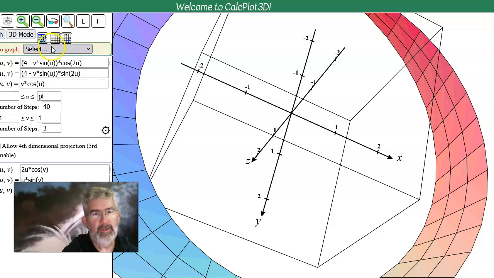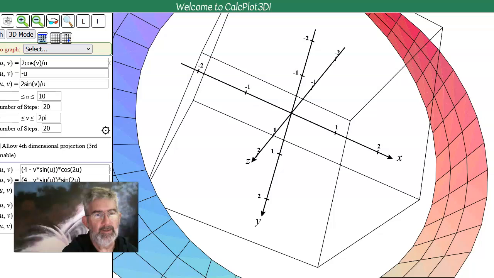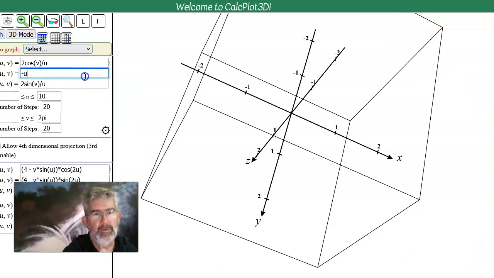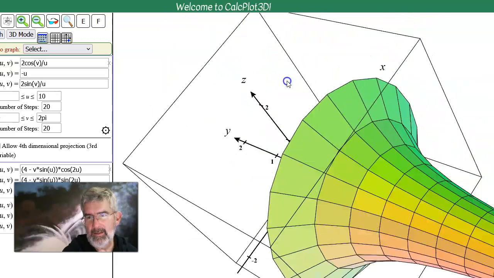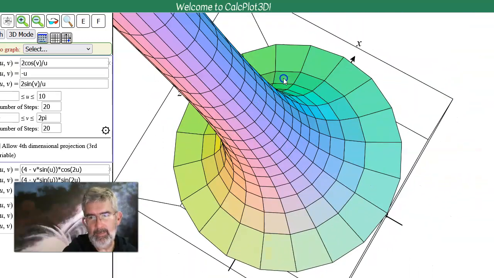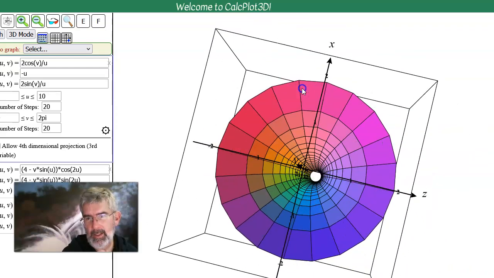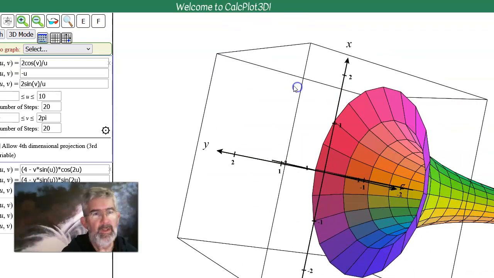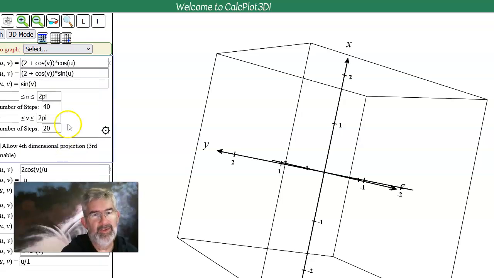But yeah, let's try another. Give me another parametric surface. And turn this one off and turn this new one on. What did I get? I got like a big old trumpet flare here. All right, turn that one off. Try one more. I find it just a good way to see some examples.